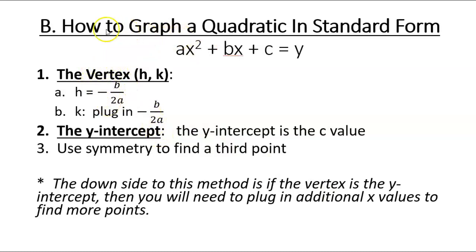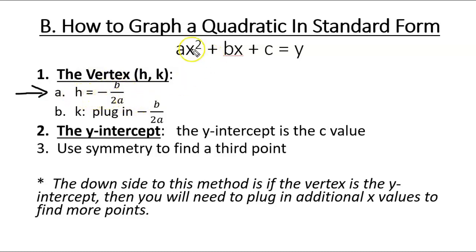But before I do, I guess we're just going to put it together with graphing. So we're going to graph a quadratic in standard form in the following way. We're going to start by finding the vertex. To do that, I'm going to begin by plugging my b and a values into this formula to find the x value, or the h value in this case, of the vertex.